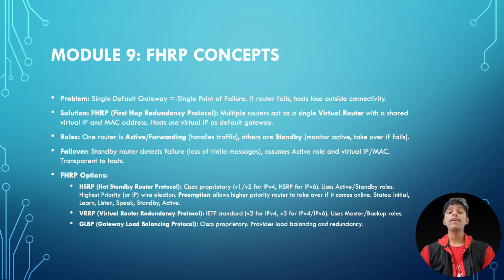The common FHRPs include Cisco HSRP, Hot Standby Router Protocol, and the standard VRRP, Virtual Router Redundancy Protocol. HSRP uses priority values to determine the active router, and a feature called preemption allows a router with a higher priority to take over if it becomes available. So these are all the concepts about FHRP.